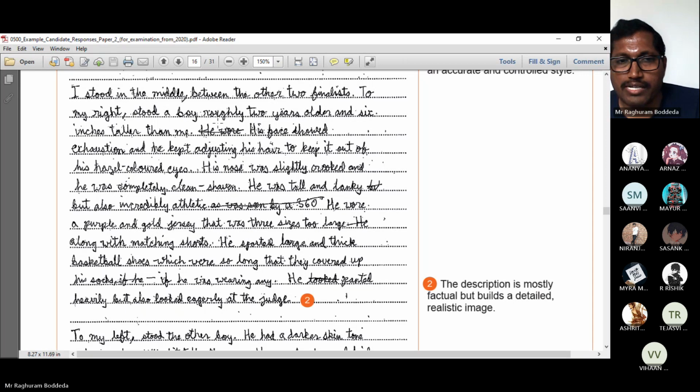Okay, next one. His nose was slightly crooked and he was completely clean shaven. So he's also showing the contour of his face and facial features and how it was shaped. And he's also talking about the hygiene of the person, how he looked.